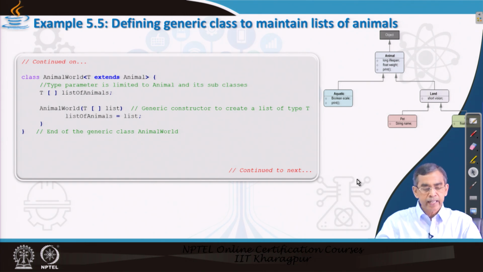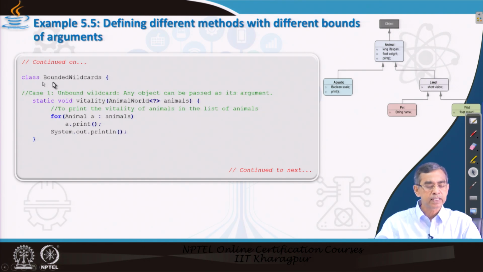Okay, so this is there, and then we want to declare a few methods of it. Let us see how we can declare the different methods. This is an example, the bounded wildcard program. Here we want to use the unbounded wildcard, and here you can note it. Vitality is the one method we are going to declare here, which belongs to this class, and it takes AnimalWorld of any type of animals, and for each animal it will call the print method.